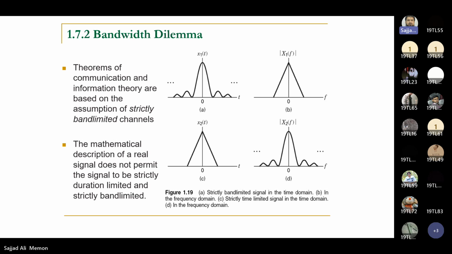Like human voice, most of the power lies from 300 hertz to 3400 hertz. So we calculate the bandwidth of that, that is 3.1 kilohertz, and we approximate that up to 4 kilohertz.